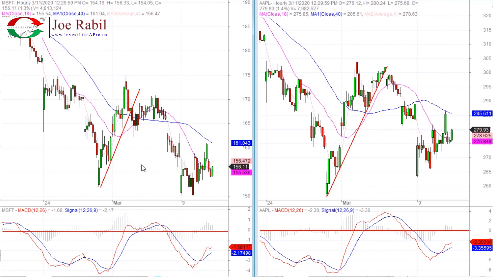Right now, we're dealing with the virus and all types of movement that can take place on a daily basis based on geopolitical, economic stuff, what's going on with oil, just a lot of things that are coming out of nowhere, very unpredictable, not the type of environment you really want to be a swing trader in.